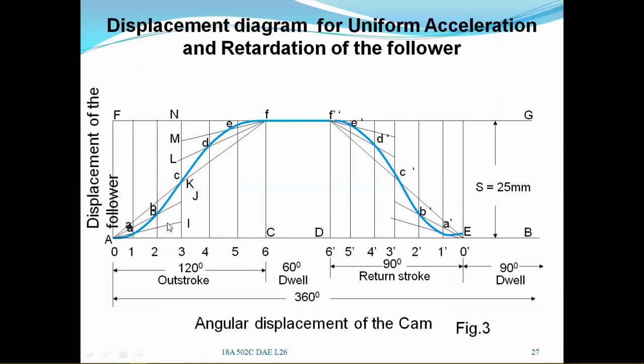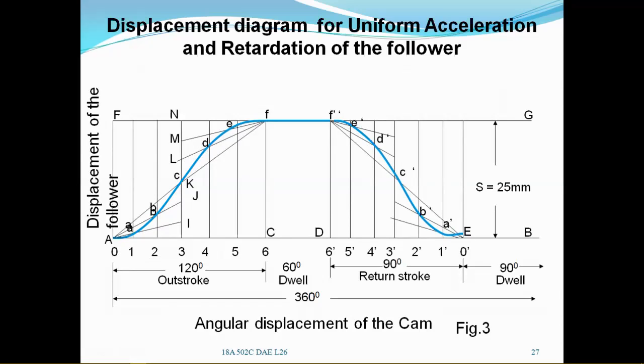If you draw lines A I, A J, A K, A L, F L and F M, they will meet at certain points A, B, C, D, E and F. Similarly for F dash, the same procedure should be followed here also.